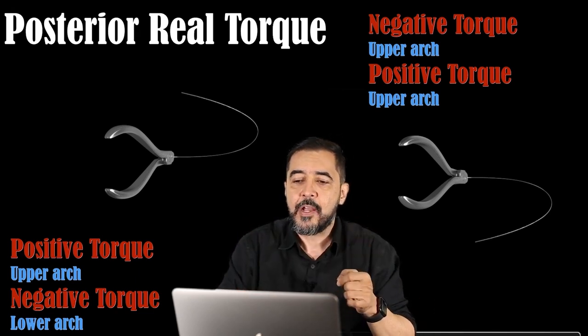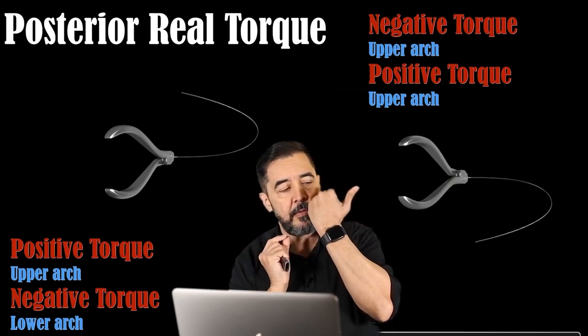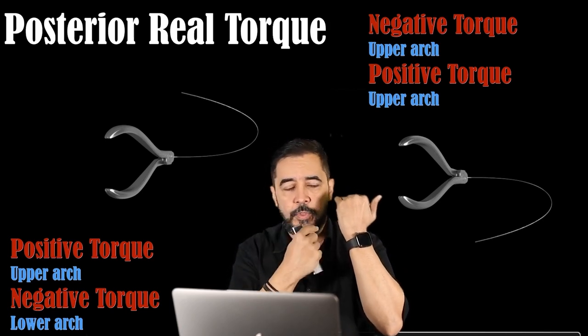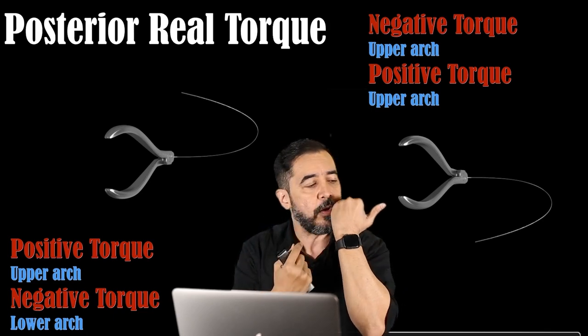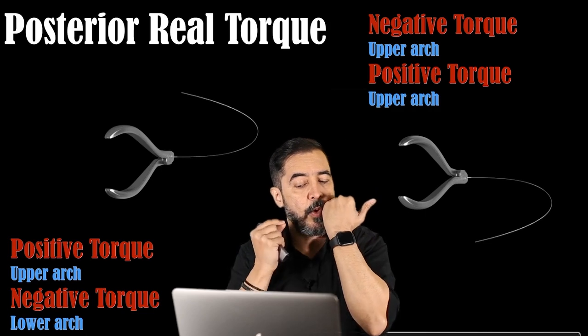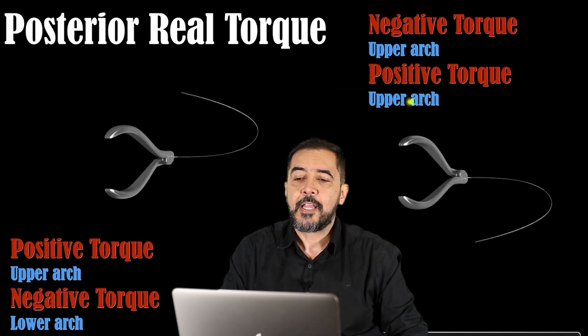So that's why we call it negative real torque, because on average we're going to apply a negative torque to these crowns, the crowns in which this segment of the arch wire is inserted. So here, upper arch, I'm putting inside the tube of the molars and the brackets of the bicuspids. It goes down in the other end, and the tendency is a negative torque. So we call it a real negative crown torque.